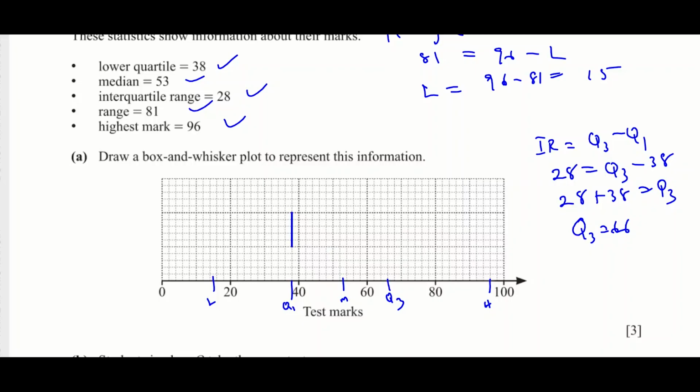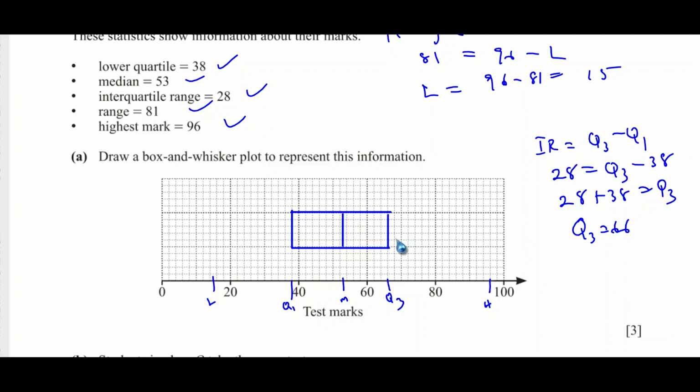So lower quartile will be this, and the upper quartile will be this particular one here. And the median is the middle of these two, so I can just put it here. Then I can join these together like this, and I can do the same thing here.